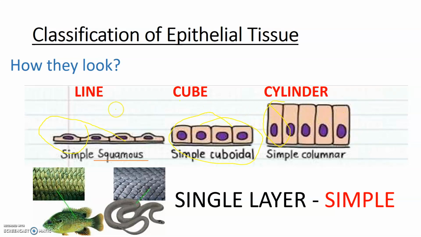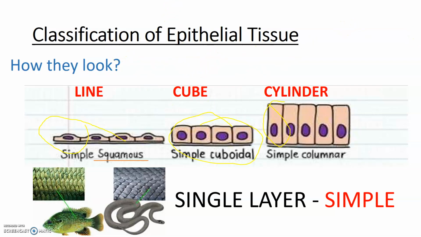One thing we get to know is that this is a single layer that you see, whether it is a line-shaped, cube-shaped or cylindrical-shaped tissue. It is a simple tissue because it is in a single layer. Single layer means the word simple will come.